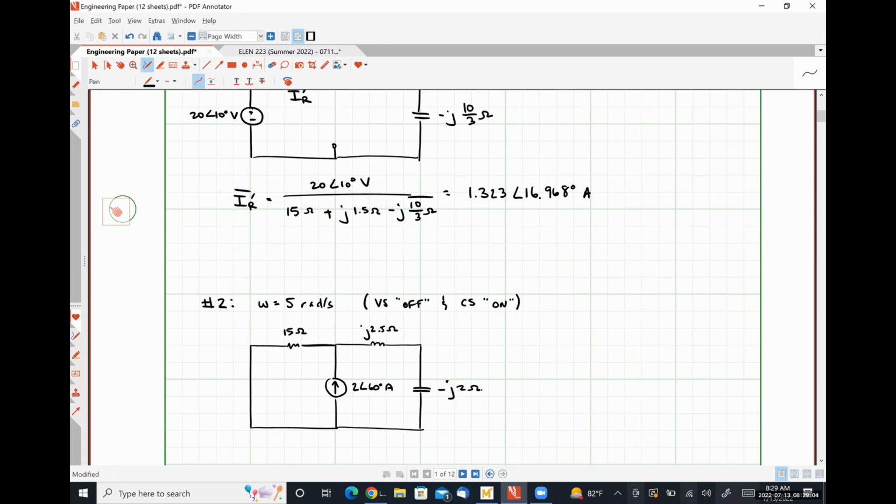So 1 over 0.1 times 5. Yep. And our current of interest is this current IR double prime. So how might we solve for IR double prime here?